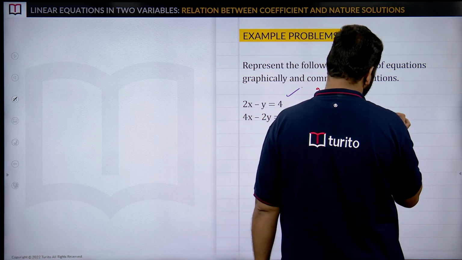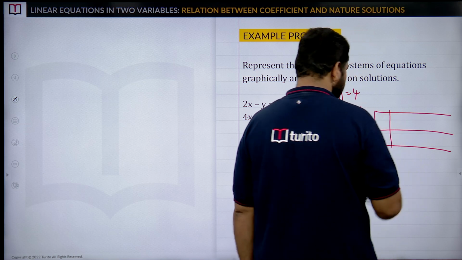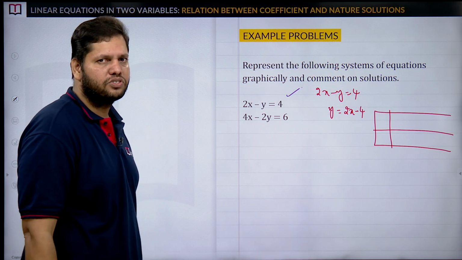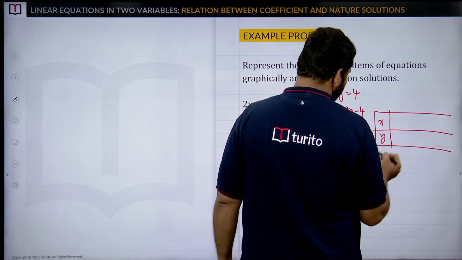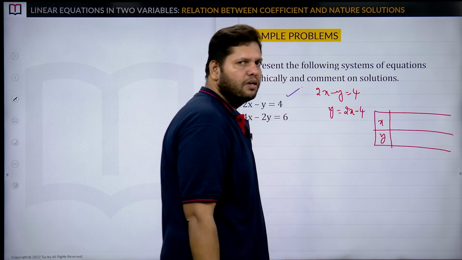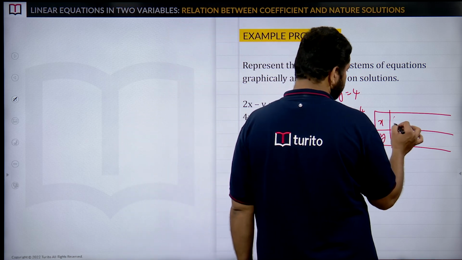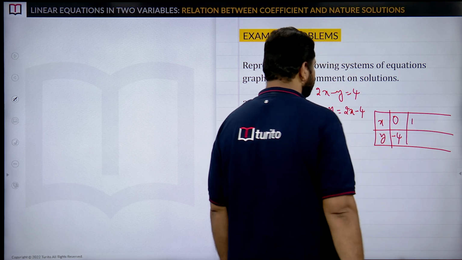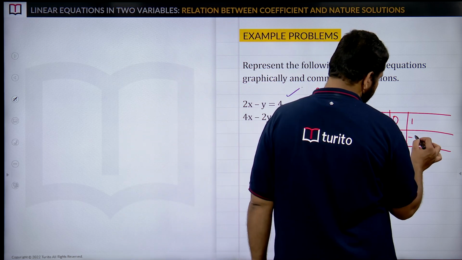Bring only 3 to 4 solutions, not many, children, because if you want to draw any line, we require a minimum of 2 points, isn't it? So take x and y. First I'll take x is 0. If x is 0, what is the y value? It is minus 4. I'll take x is 1: 2 minus 4 is minus 2.